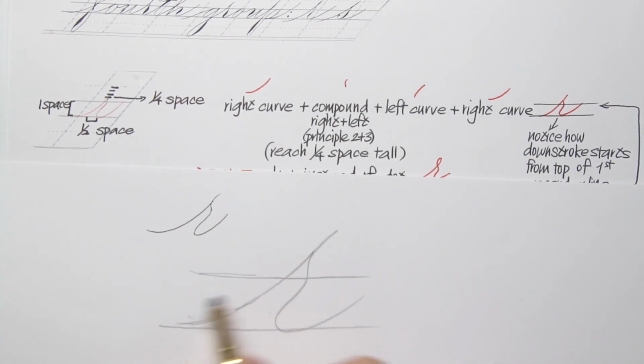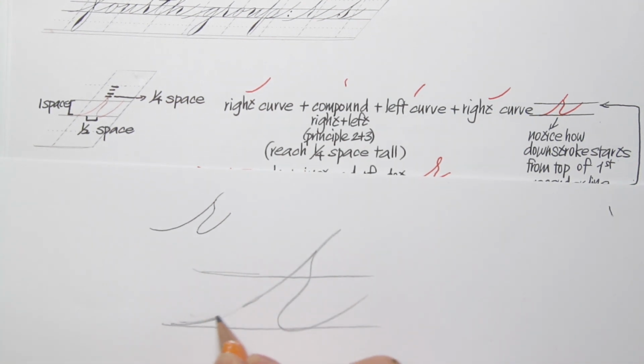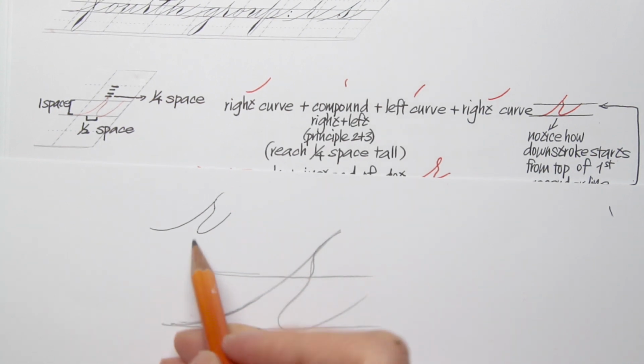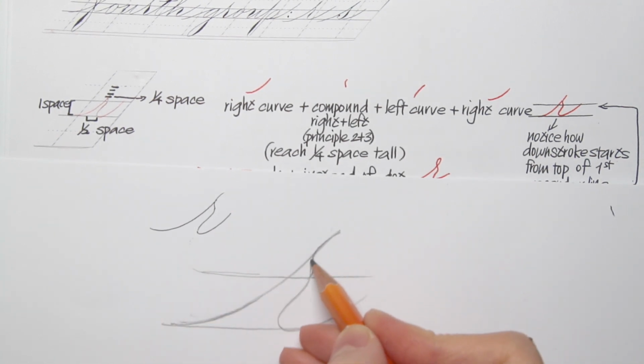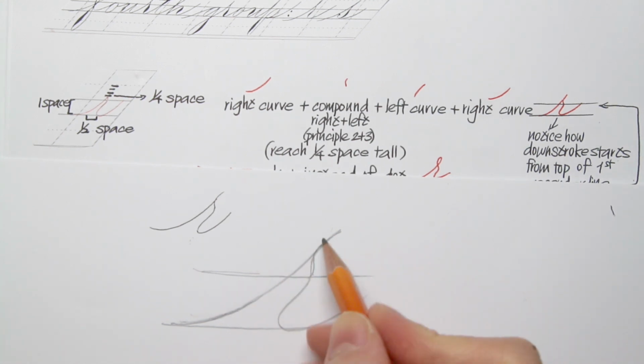Here's what I would like you to do, exactly like this. Draw it huge so you understand. It is very hard to do this compound curve on a smaller scale, but if you understand it, it's much easier to push yourself to be able to achieve that.